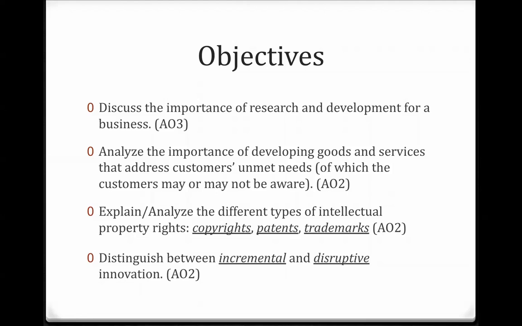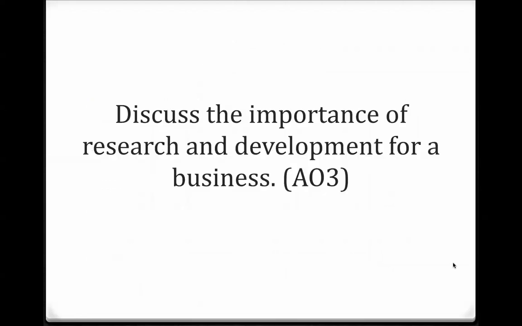And so those are some things that will come back again in another chapter. And finally, distinguishing between incremental and disruptive innovation. So if you have a creativity internal assessment, I have several marketing internal assessments that are focusing on the lens of creativity. Some terms coming up in this last objective are really important to be embedding within your IA.